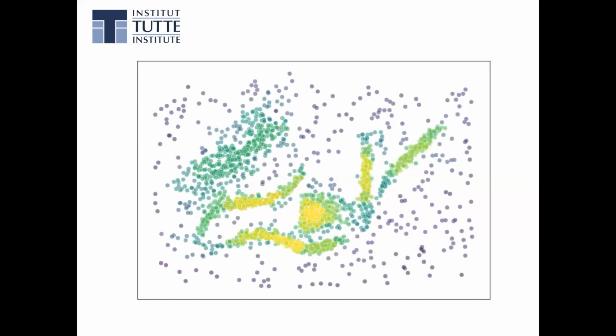But better still, we have these membership strengths for each individual point. And in a sense, you can interpret those as the probability that the point is in any connected component. So in practice, that's a very meaningful outlier score.